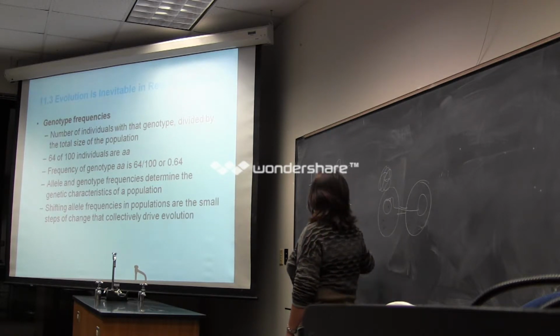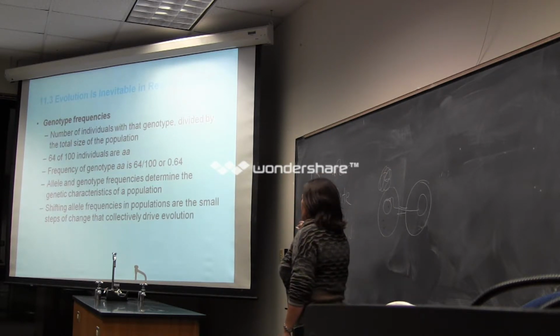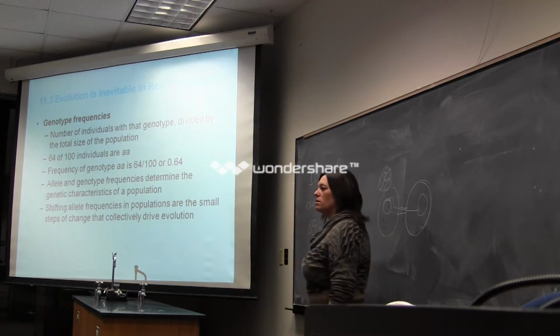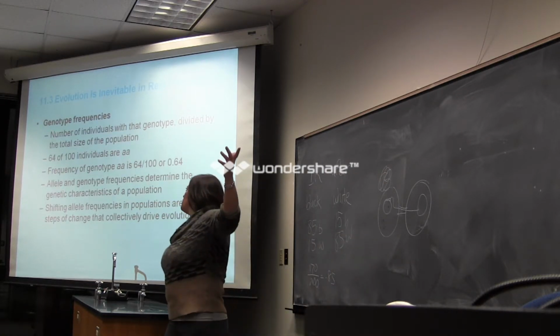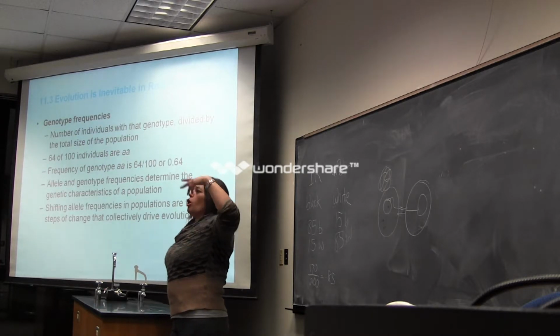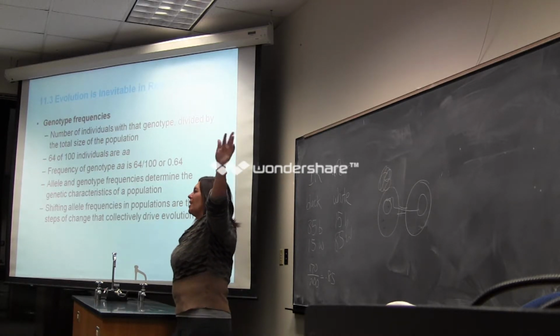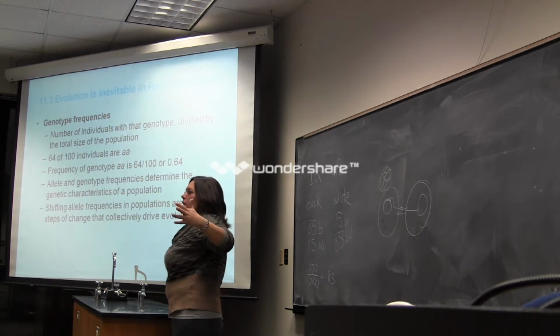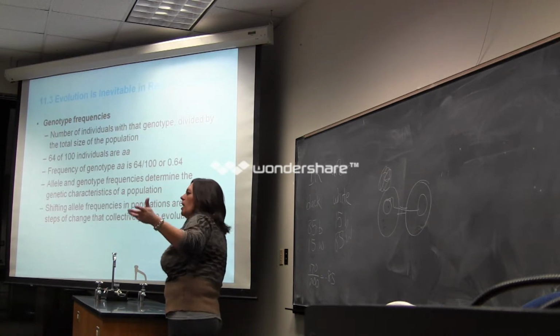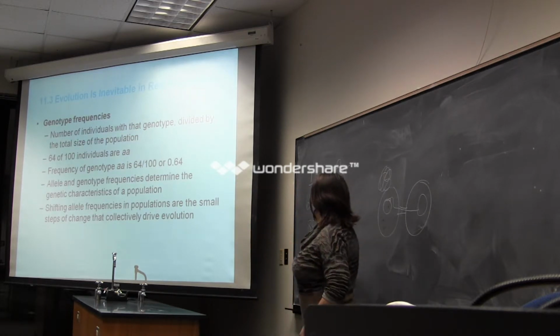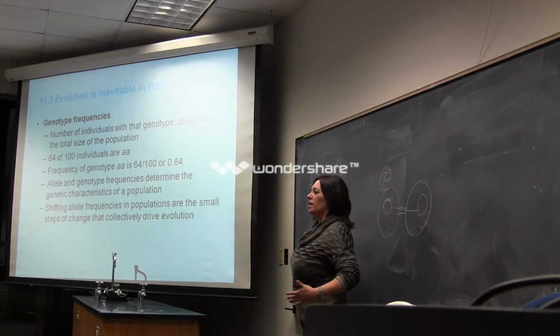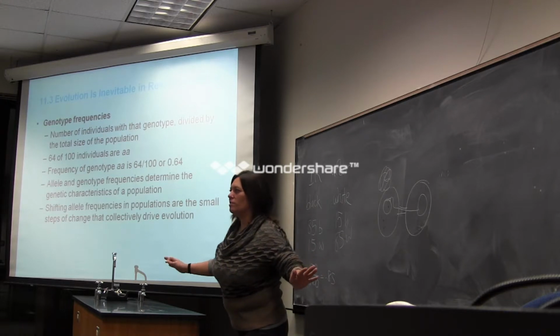So this evolution, this adaptation, it's a change in the allele frequencies. In this example, let's just say I have 100 individuals and 64 of them are homozygous recessive for something. The way you calculate the frequency is literally just to divide by the number of individuals. Or you can double it just like we did, because technically, if there's 100 individuals, there's 200 alleles.